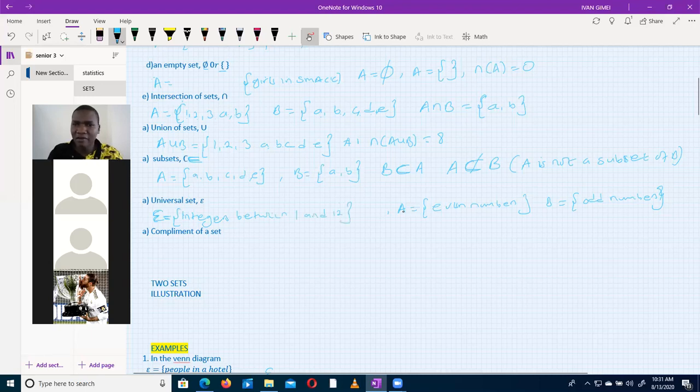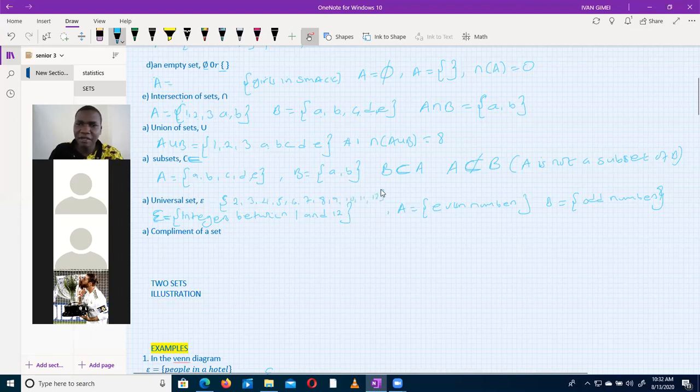So that we have set A equals this and set B equals that. So what are the elements of the universal set? The elements of our universal set, we're going to look for the integers between 1 and 12. We shall have 2, 3, 4, 5, 6, 7, 8, 9, 10, 11, 12.